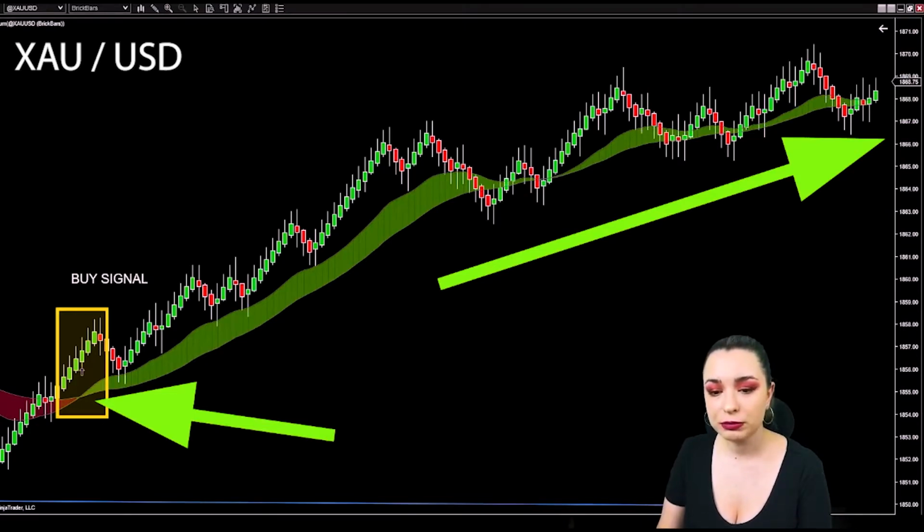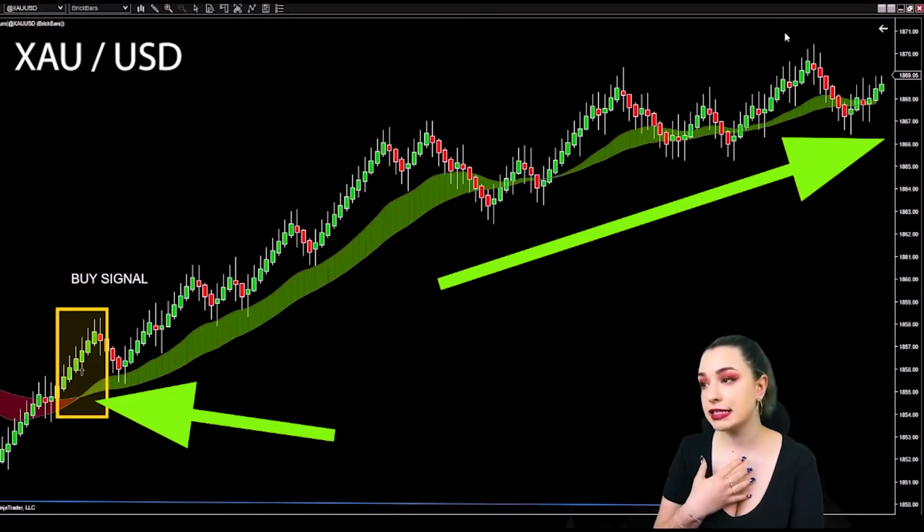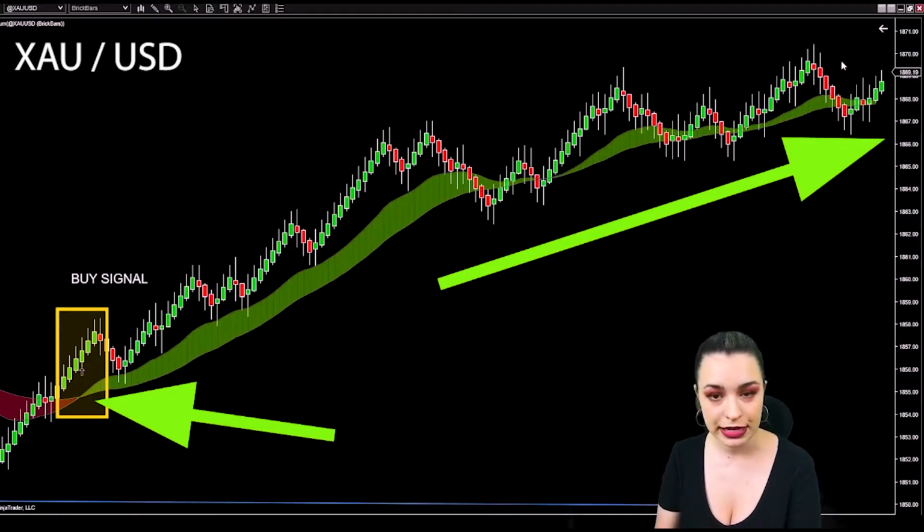The lowest point would be roughly around here at a price point of 1850, and it went all the way up at the highest point, which we currently can see right now at 1871. Now, if you do the math behind these two, you are left with a staggering 21 potential points.